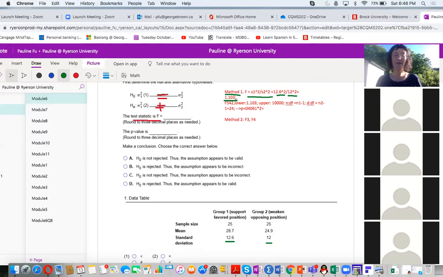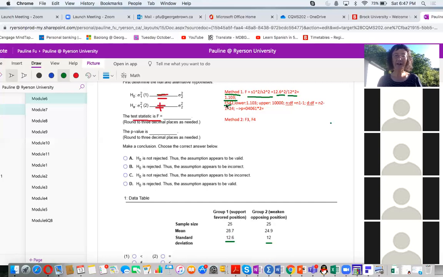Okay. Method 2, we use calculator. So you start with F5 button, distribution, then F4, F distribution, and after that, this is for critical value.